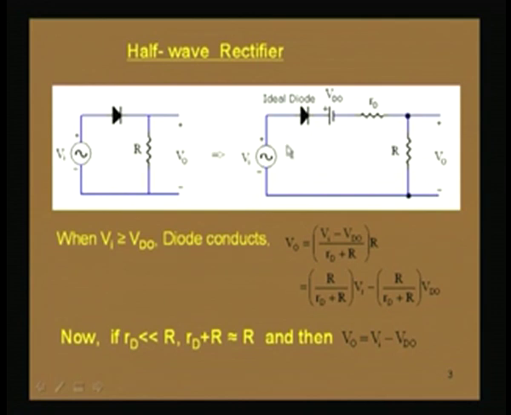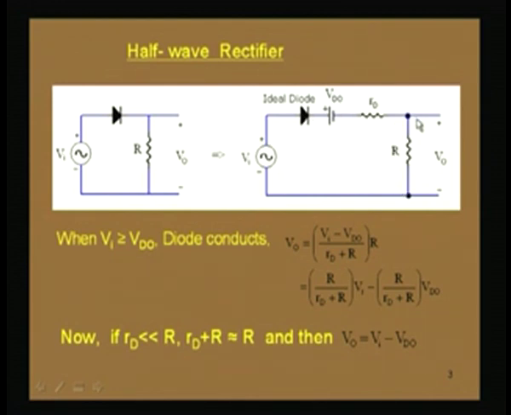That means, in the positive half cycle of the input AC voltage, whenever we have input voltage greater than V D naught, this diode will be conducting and the current will be flowing in this circuit.